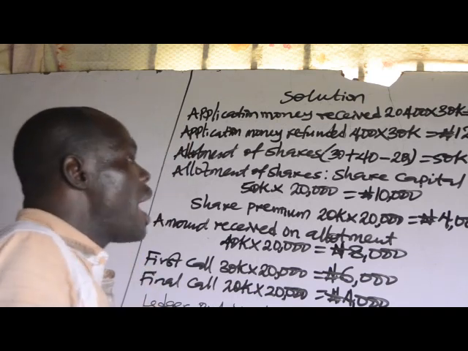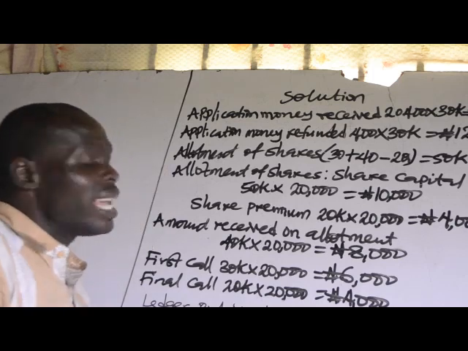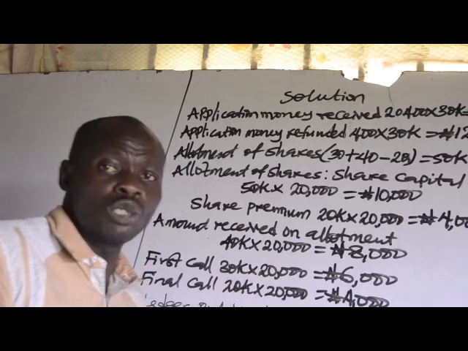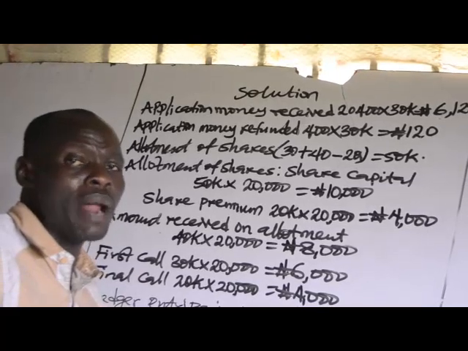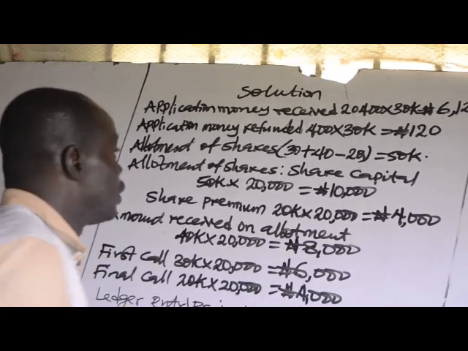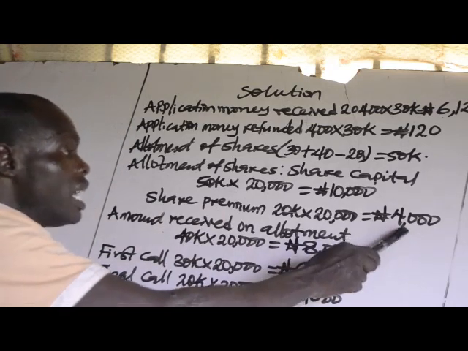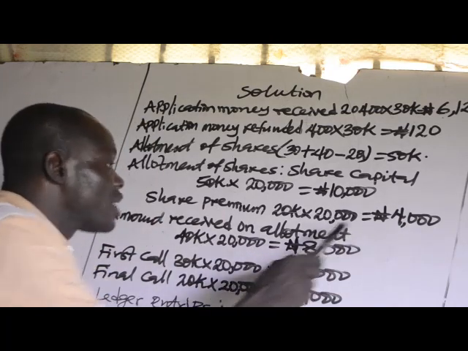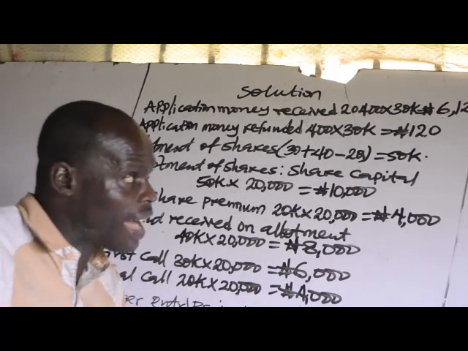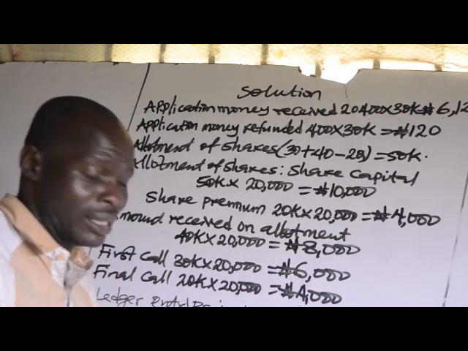Then these shares were issued at a premium, that is, above the par value. There is a premium of 4,000. This premium of 4,000 will equally be transferred to the share premium account from the application and allotment account.